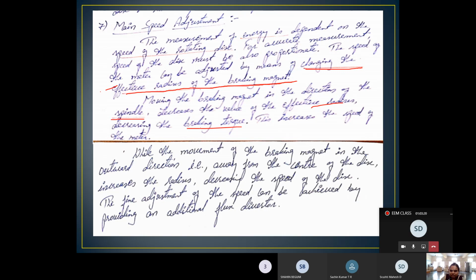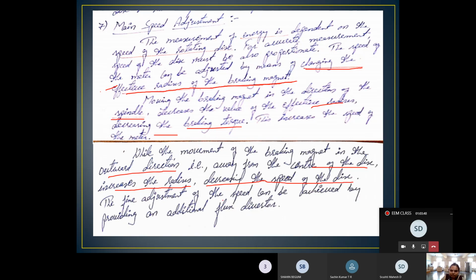This increases the speed of the meter. When braking torque is reduced, the speed of the meter is increased. While moving the braking magnet outward, away from the center of the disc, increases the radius and decreases the speed of the disc.